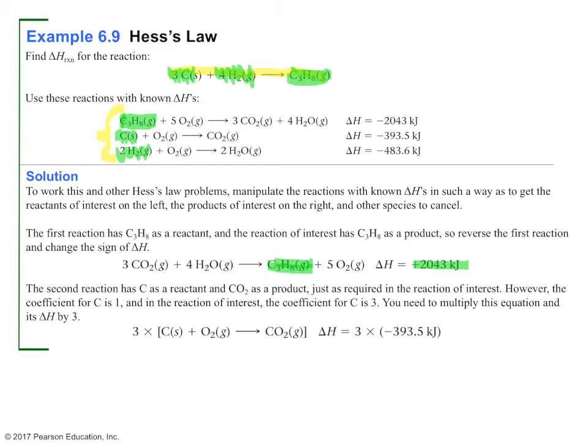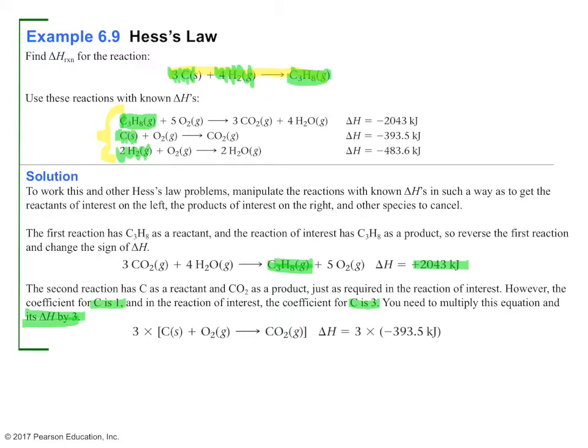The second reaction has C as a reactant and carbon dioxide as a product, just as required for the reaction of interest. However, the coefficient for C is 1, and in the reaction of interest the coefficient for C is 3. You need to multiply the equation and its delta H by 3.